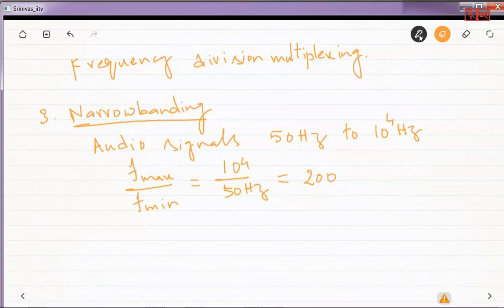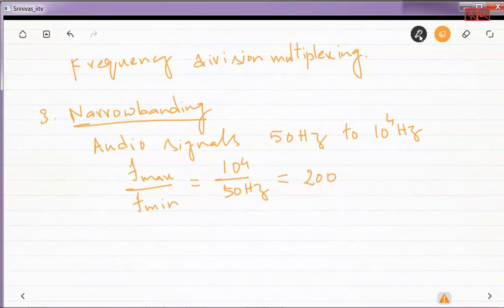Some of the signals correspond to a wavelength of lambda max, and some of the signals correspond to a wavelength of lambda min in this frequency range. Even assuming you can design an antenna at this frequency, or at this frequency, and forgetting the practicality reasons, the antenna designed based on this is very inefficient to transmit these signals, and the antenna designed based on this is also very inefficient.